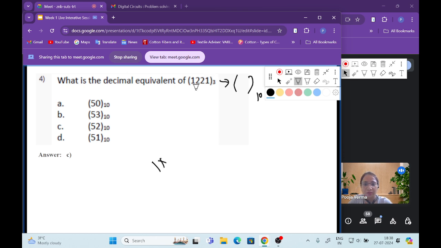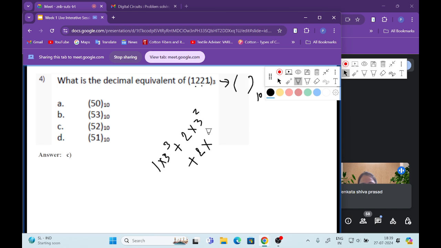You have to start from this side, but we have to move leftward. So here 0, 1, 2, 3. Okay. So 2 into base 3. So that's why we are taking base 3: 1 into 3 to the power 3 plus 2 into 3 to the power 2 plus 2 into 3 to the power 1 plus 1 into 3 to the power 0.